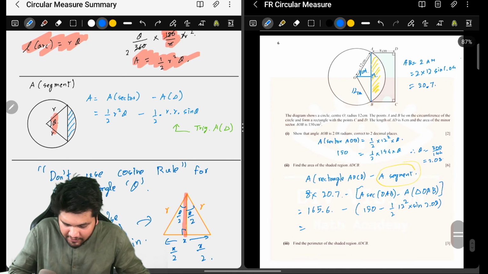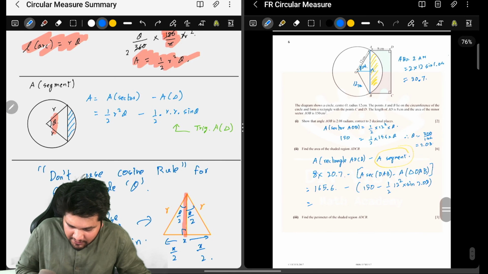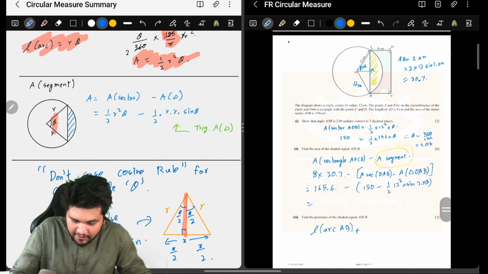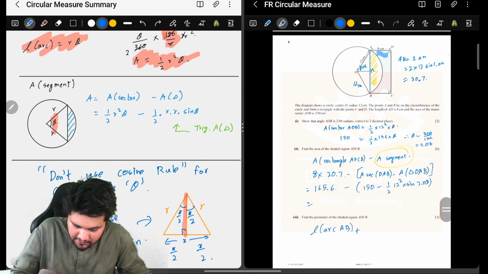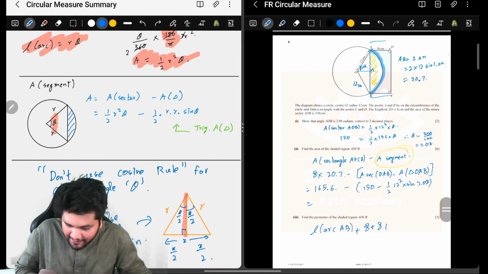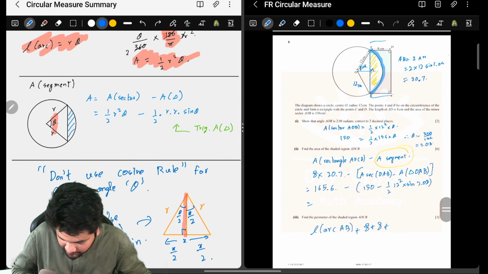Now if we talk about the perimeter of the shaded region, it's going to be the length of arc AB, plus this BC and AD, which is 8 plus 8, and plus DC. We already know DC and AB are the same because it's just a rectangle, so it's going to be 20.7.